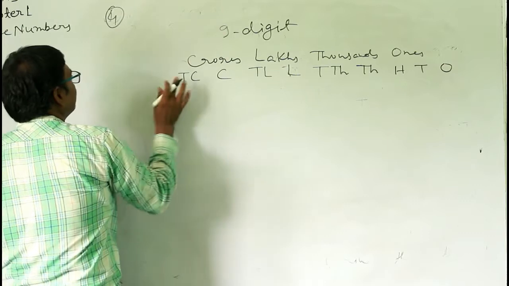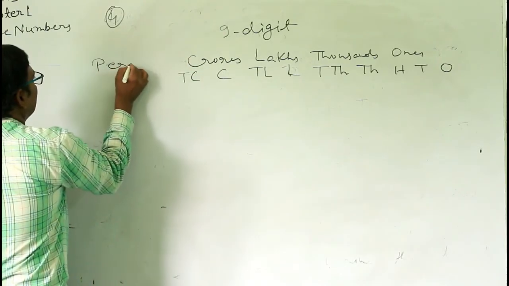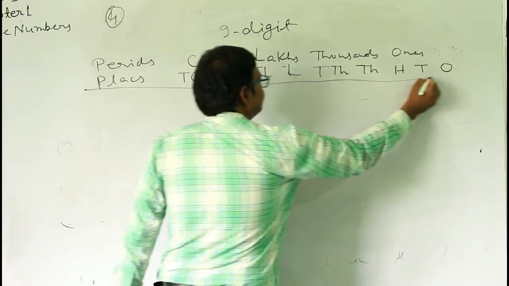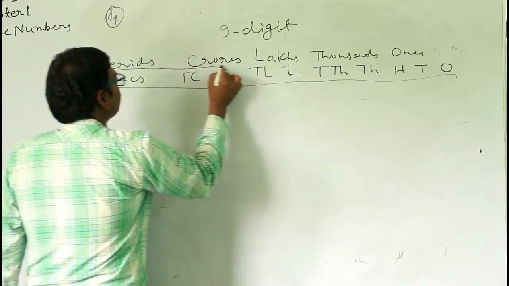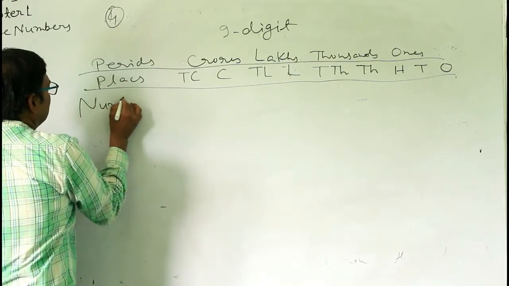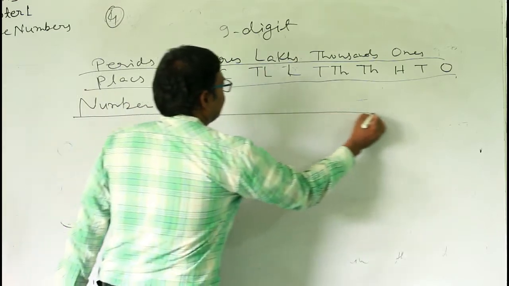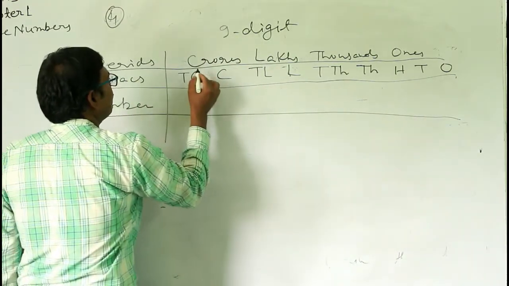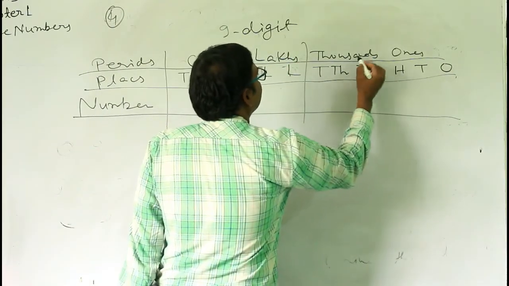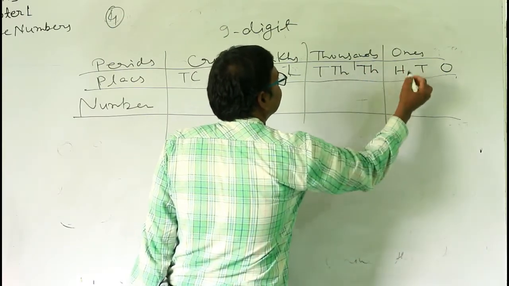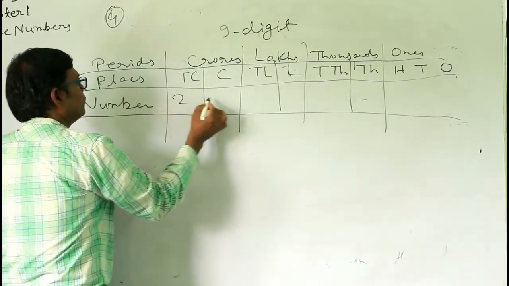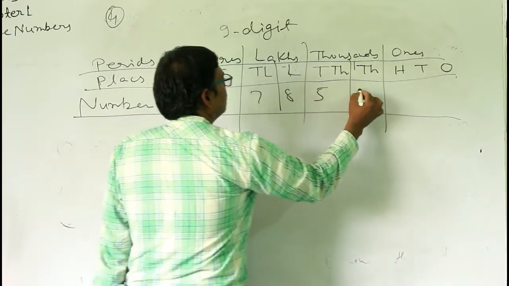So this is the place value. This is the period in this case, and then place. And this is the place here, and you can write any number. Now you can write any number like 2, 3, 7, 8, 5, 6.